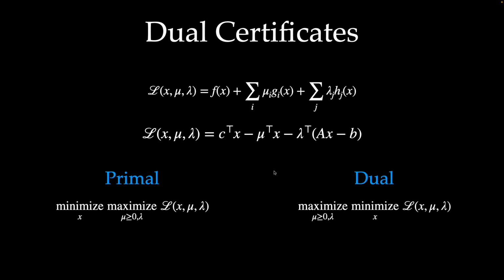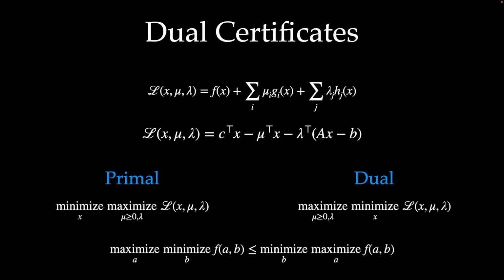The reason that the dual problem is a lower bound on the primal problem is because of the min-max inequality that we've written here. All this says is that when we maximize with respect to a, and minimize with respect to b of this function, that is going to be less than or equal to the reverse of that, just reversing the order of the minimize and maximize. Well, that's exactly what we have here, where this is the primal problem and this is the dual problem.